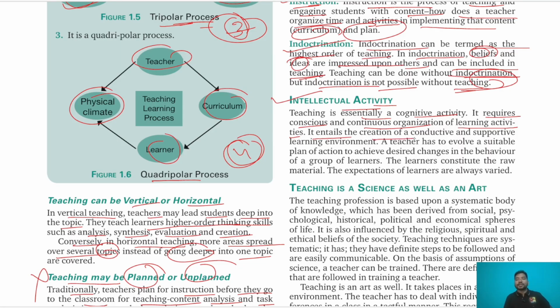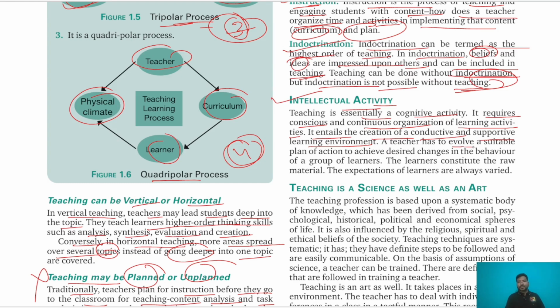It entails the creation of a conducive and supportive learning environment. Learning cannot happen without a conducive and supportive environment, so in order to teach the student very effectively, a conducive and supportive environment is very essential.